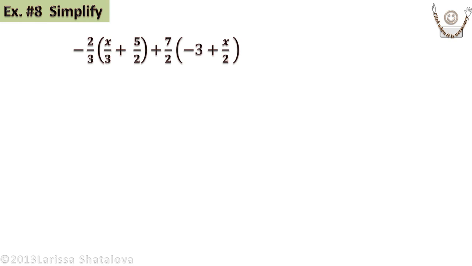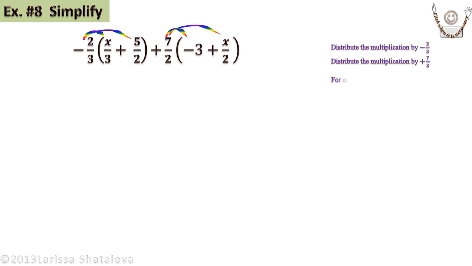Example number 8 has fractions. So we have to distribute the multiplication by negative 2 over 3, and we have to distribute the multiplication by positive 7 over 2. For each multiplication, we have to determine the sign first using the product rules. Let's do it. Negative 2/3 times positive x over 3. Result would be negative 2x over 9.